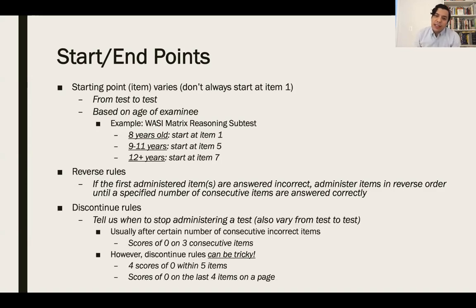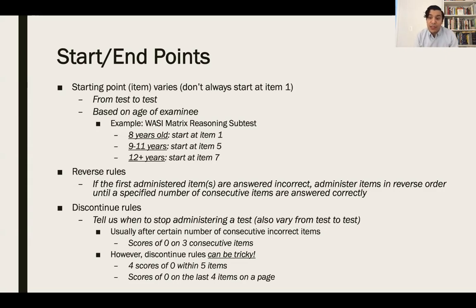There are also discontinue rules. Discontinue rules tell us when to discontinue or stop administering a test. These also vary from test to test, although it's usually after a certain number of consecutive incorrect items, so scores of 0 on 3 consecutive items, say. However, discontinue rules can be tricky.